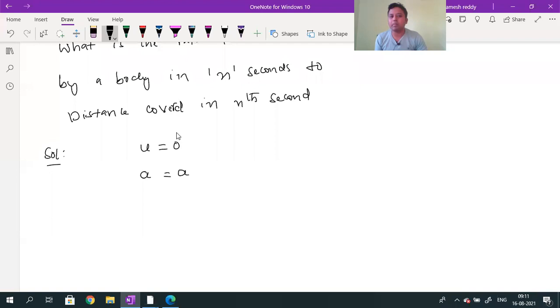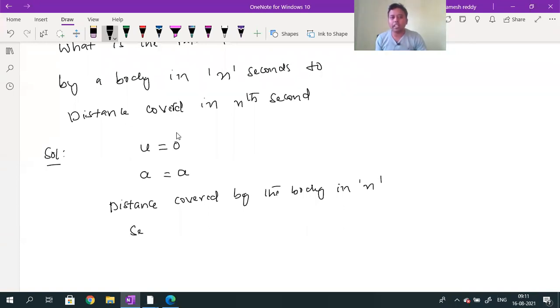What is the distance traveled by a body in n seconds? Total journey, total time, n seconds.